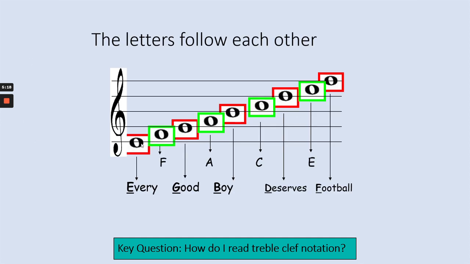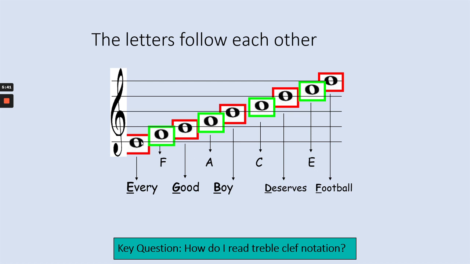The letters follow each other on the stave. So the red boxes are the notes sat on the lines. And you can see they are making Every Good Boy Deserves Football. The green boxes are the notes in between the lines, in the spaces, and they are making the word face.